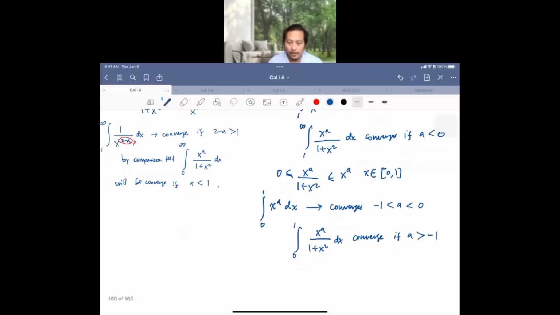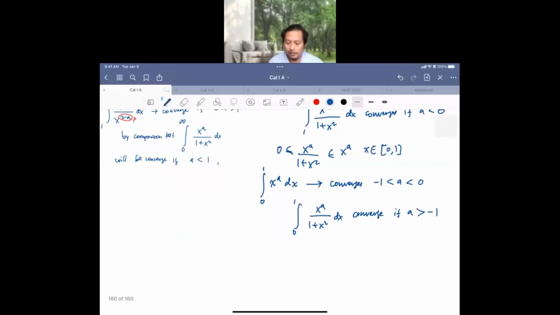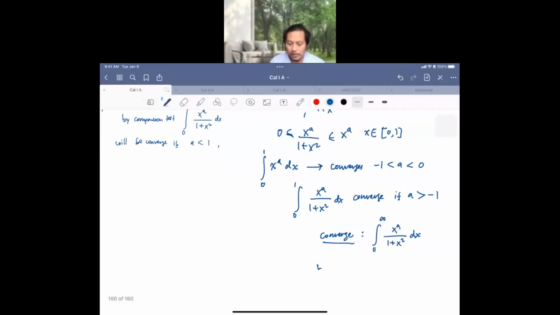Now from these two statements, the series converges from 0 to infinity when -1 is less than a is less than 0.